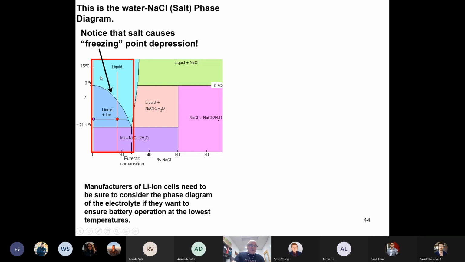Now imagine we start with some salt content in the liquid, say on this red line. Then when we move down, what happens is we hit a line called the liquidus line. And at this point, a portion, not all, but a portion of the sample becomes ice.